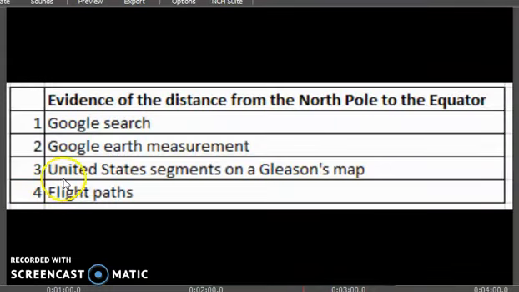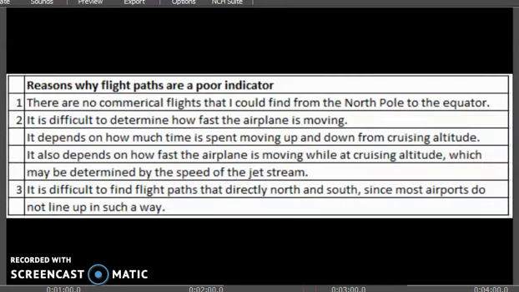So the fourth and worst piece of evidence are flight paths. They're not a good indicator because there are no commercial flights that I could find from the North Pole to the equator. Second, it's difficult to determine how fast the plane is moving. It depends on how much time is spent reaching and in and out of cruising altitude, and sometimes the flight may veer off.